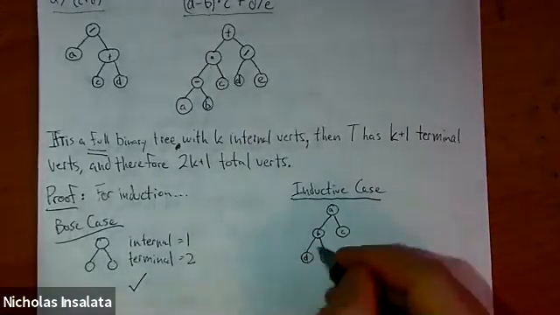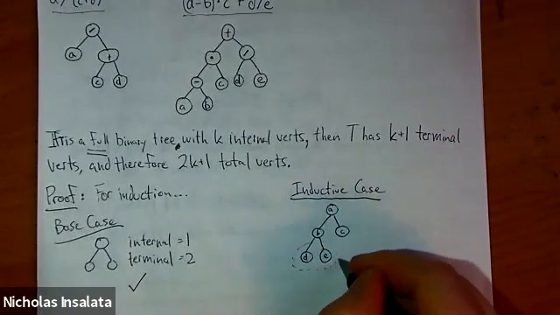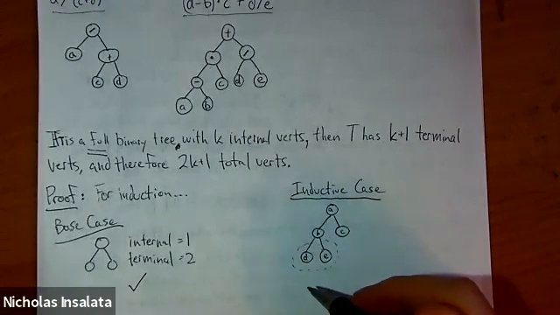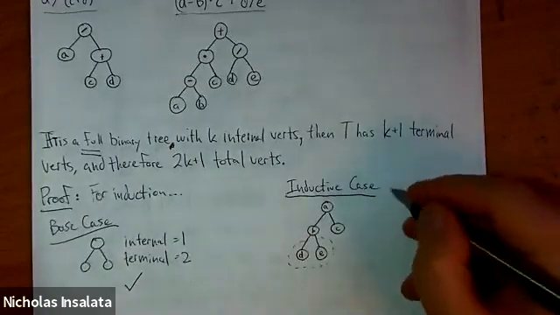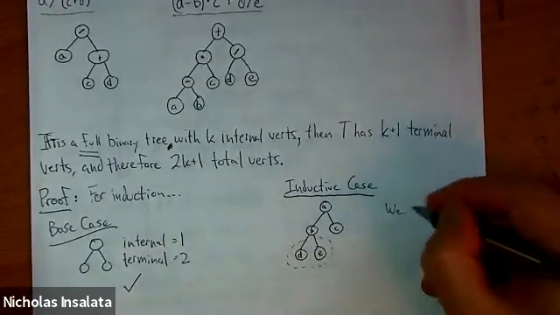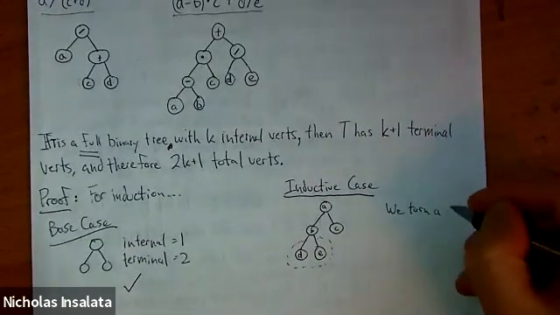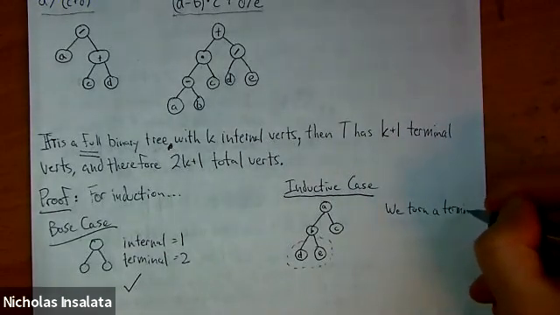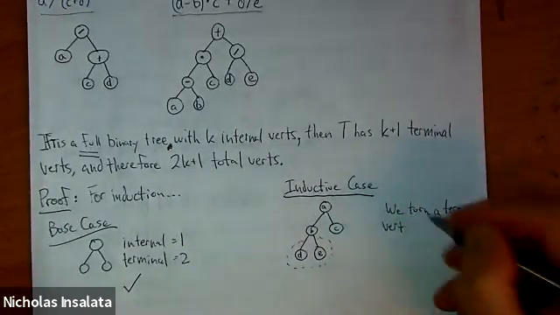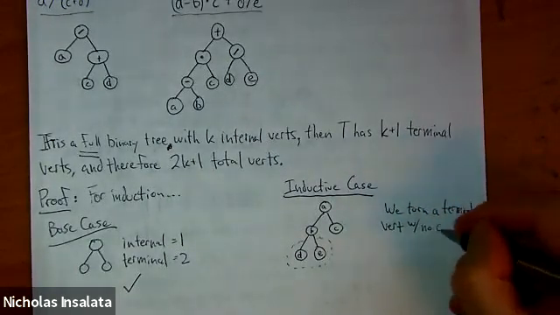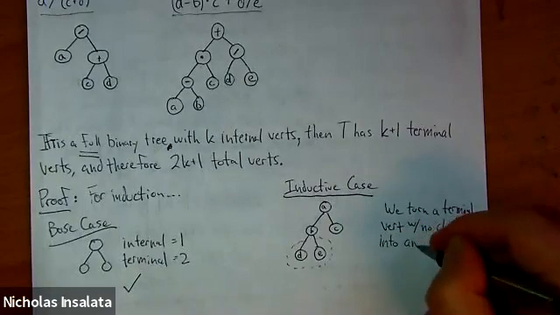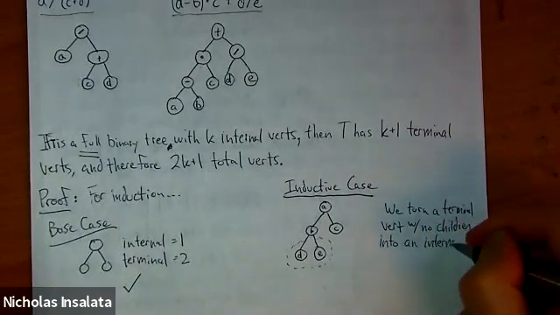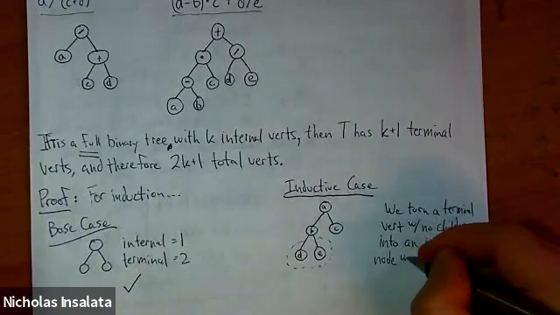Okay, so these are new, right? We're doing induction by turning a terminal node into an internal node, right? So for induction, we turn a terminal vertex with no children into an internal node with 2 children.